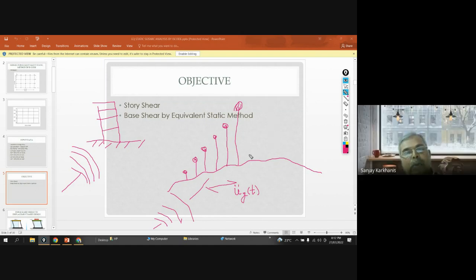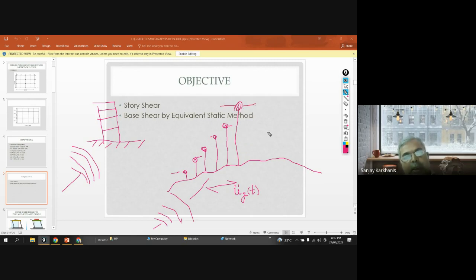क्योंकि every building is having a different character, right? Yes, sir. So at any time t, this building may vibrate in this side, this building may vibrate in this side, this building again may not vibrate, this building may vibrate in this side but slow, and this may vibrate highly.